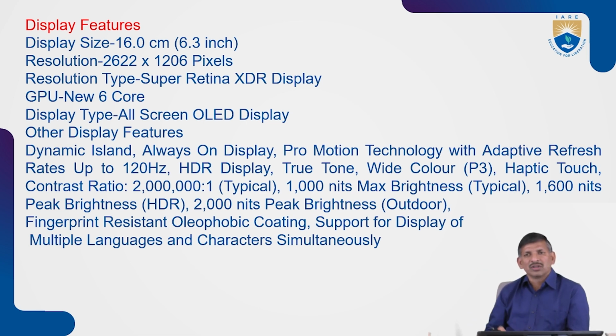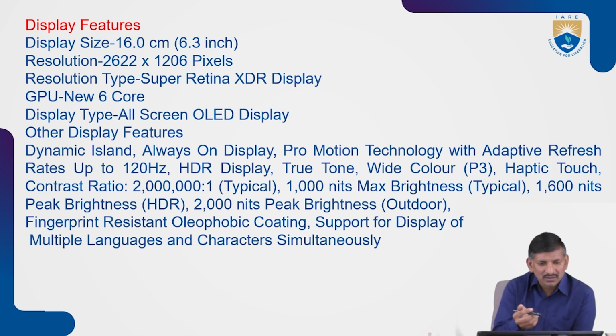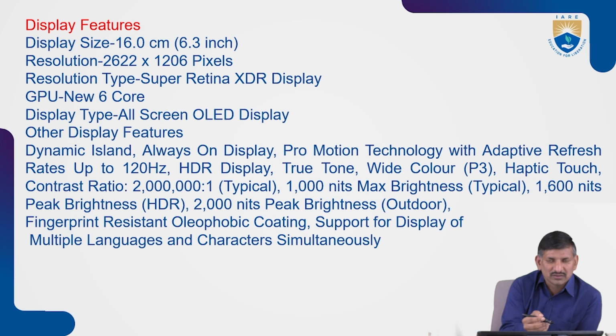Later we got QLED, OLED. At the same time, there is display resolution: how many pixels will be displayed in a single frame, either full HD or 4K or 8K. That is display. In that, what are the specifications required?